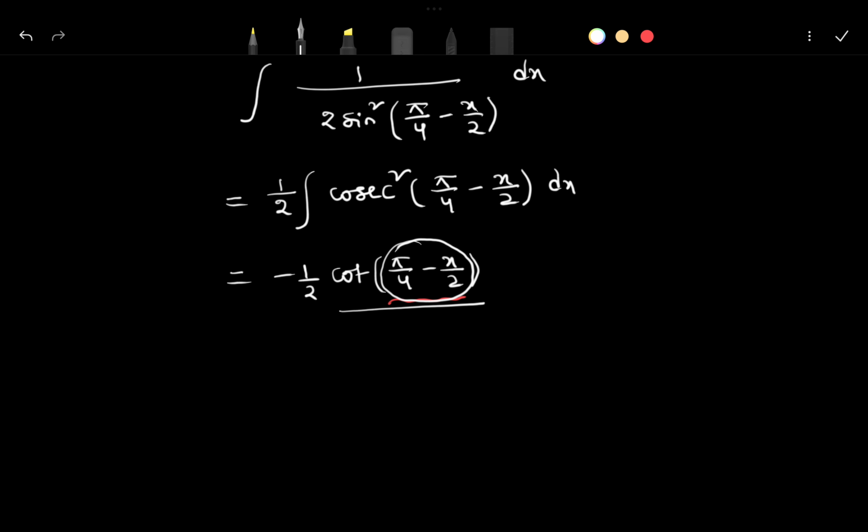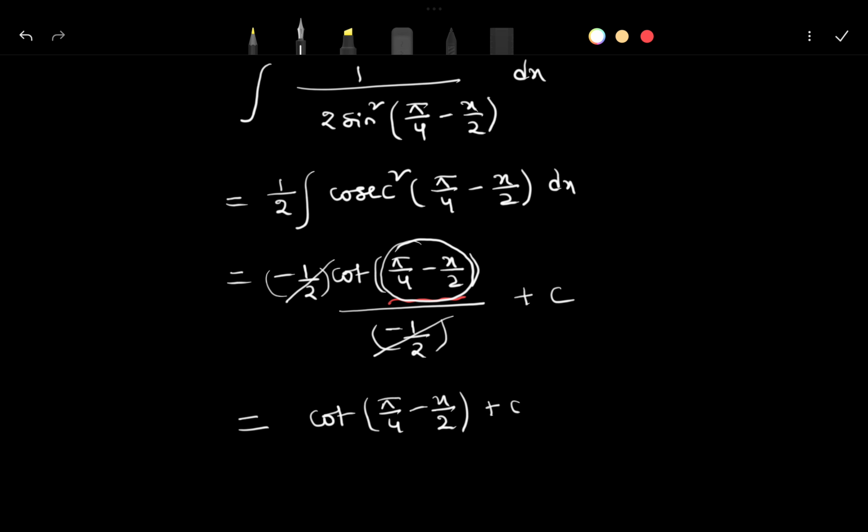That value is minus 1 by 2. Plus the integral constant. Here minus 1 by 2 and there minus 1 by 2 will both cancel. So the final answer is cot of pi by 4 minus x by 2 plus c. This is one method.